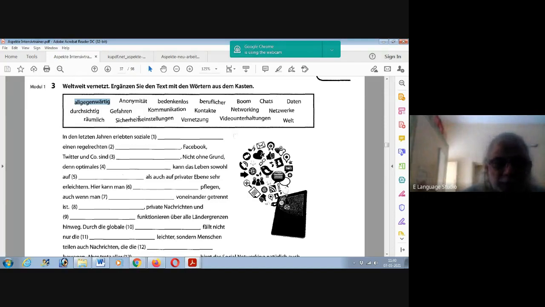Look at the sentence and the meaning here, please. Facebook, Twitter and company, also WhatsApp, Instagram, Telegram und so weiter, sind allgegenwärtig.